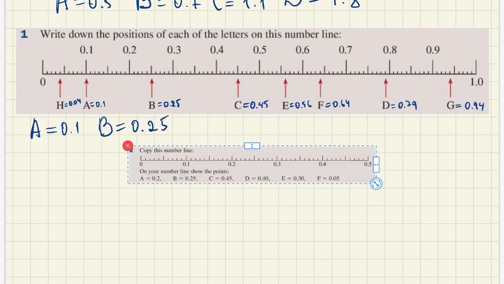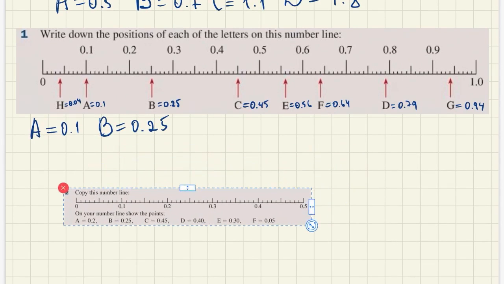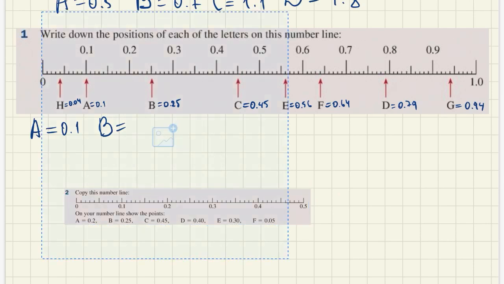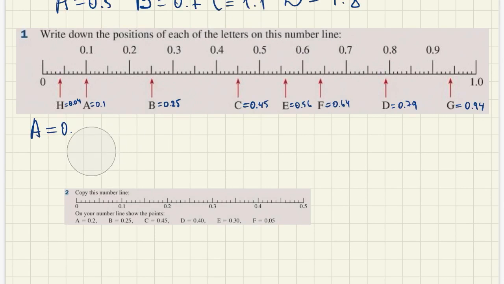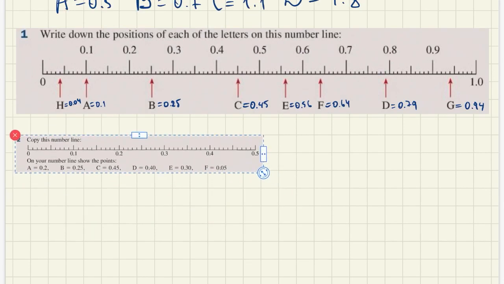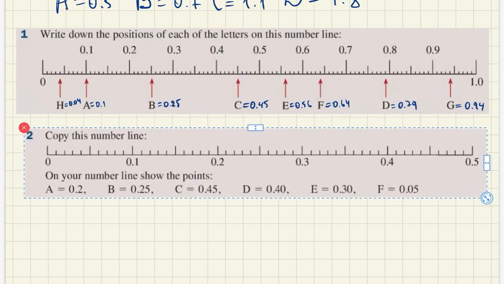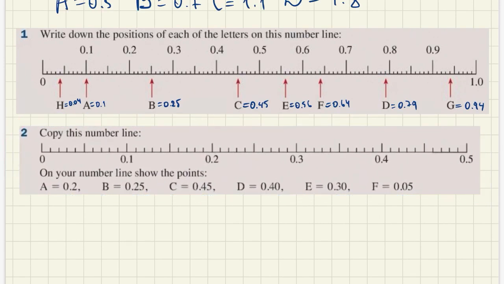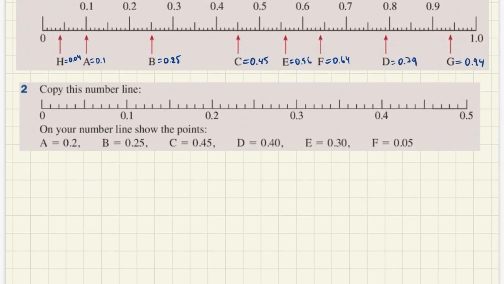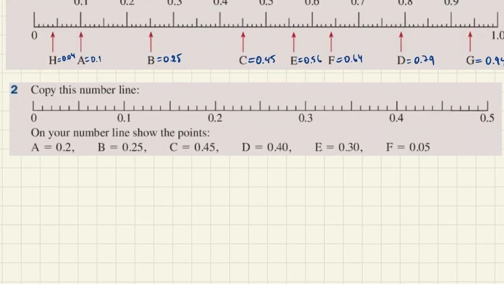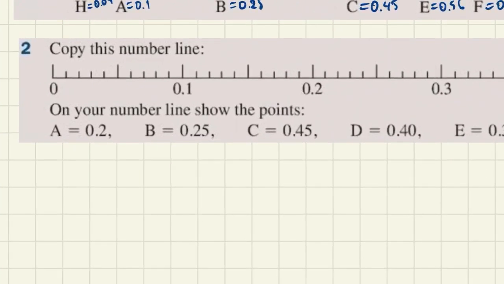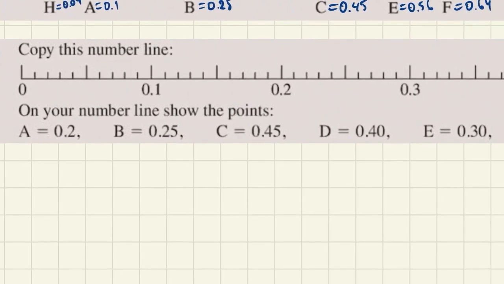Okay, another one we have is, now we have to do a kind of an opposite assignment again. Okay, I'm going to erase this. Copy this number line. On your number line, show the points. A is 0.2. So 0.2, we already see that it's right here.